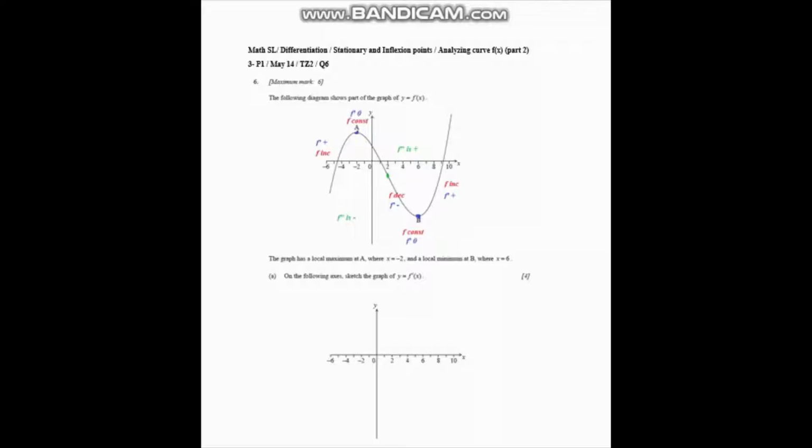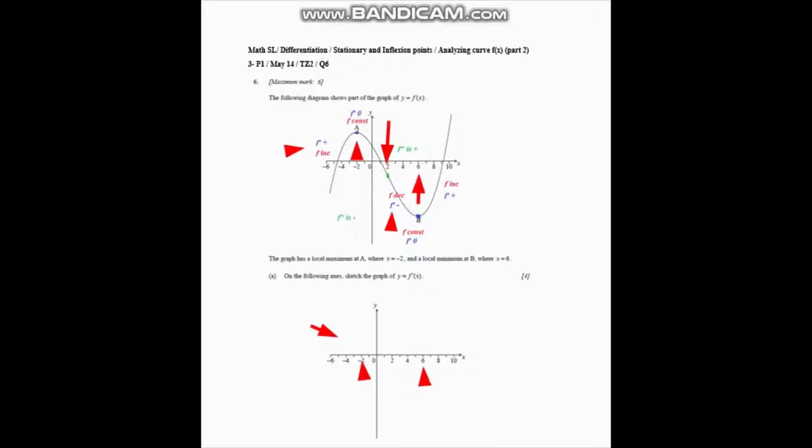I know that I begin by being positive until A, where x equals negative 2. So at x equals negative 2, f dash is 0, so I have an x-intercept right there. And before that, I am positive. After A, f dash is negative, as you can see, throughout this region from A to B. And at B, which corresponds to x equals 6, f dash is again 0, so I have my second x-intercept right there.